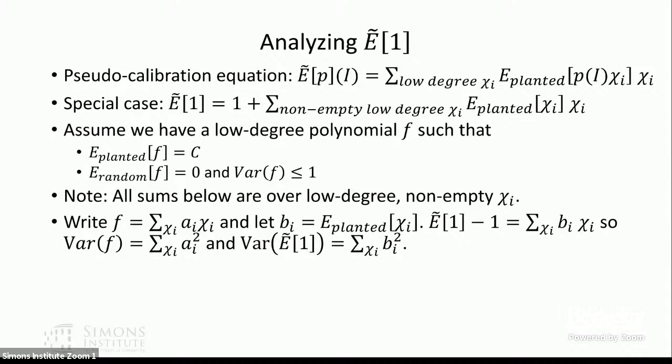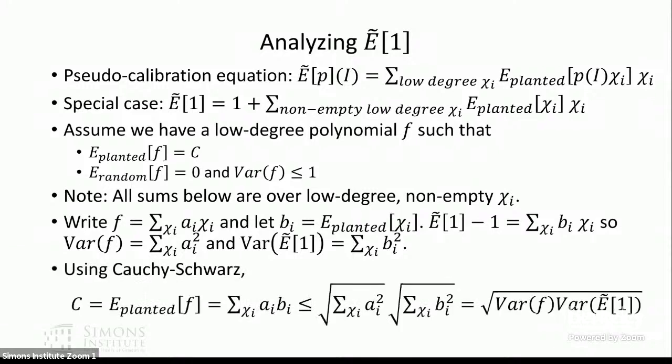So now the pseudo-expectation value of 1 minus 1 will be, by this formula, the sum over chi_I of b_i times chi_I. So now the variance of f will be the sum over I of a_i squared, and the variance of the pseudo-expectation value of 1 will be the sum over I of b_i squared.